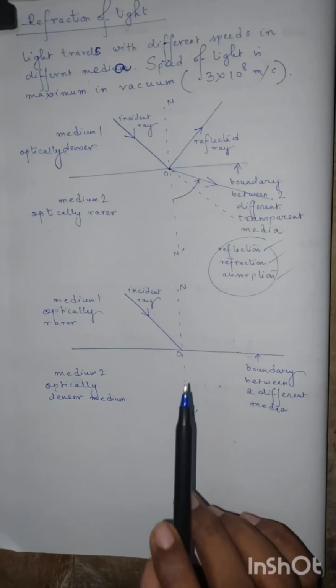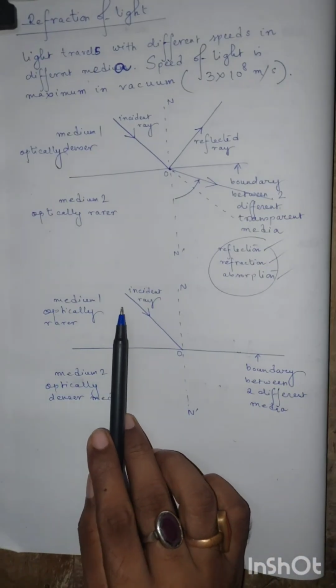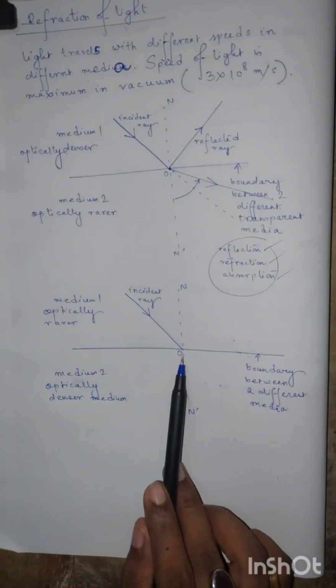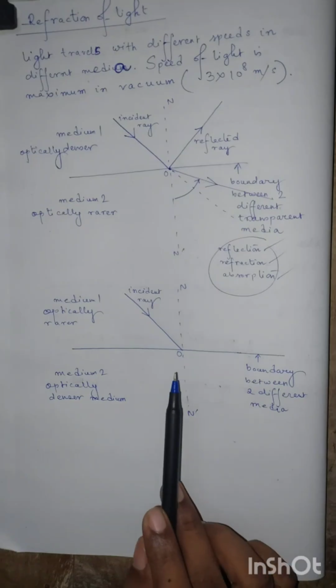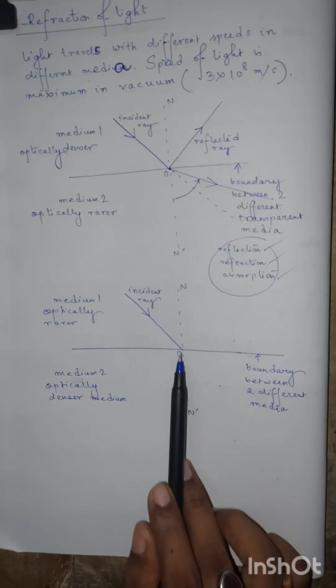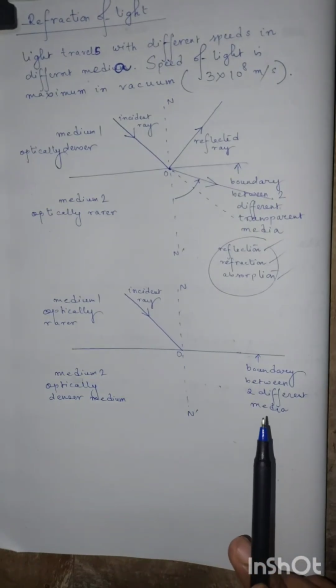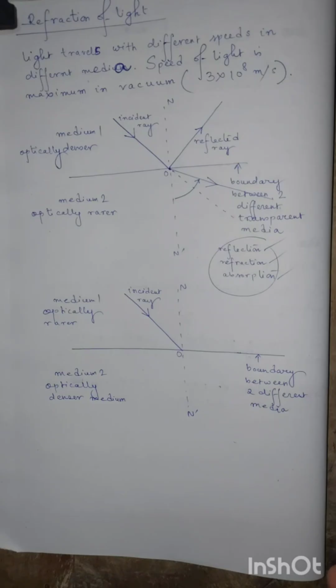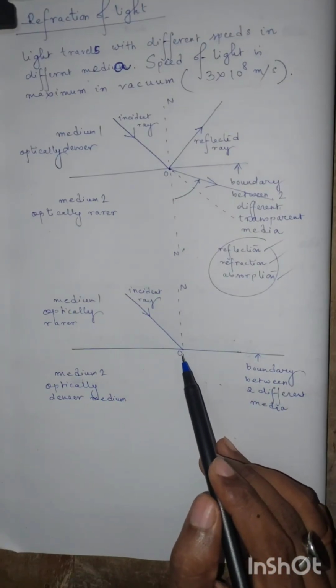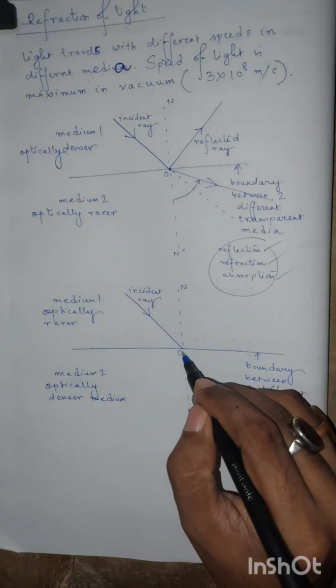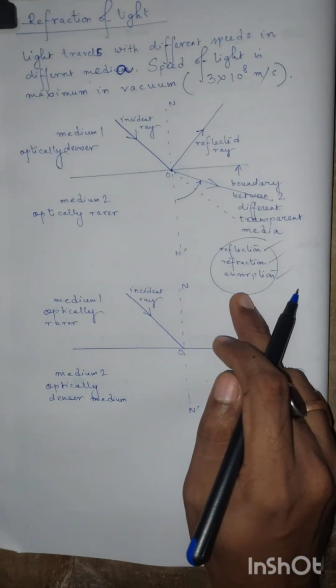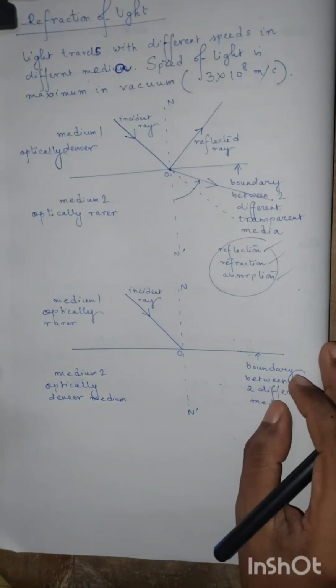So we can say, when the incoming ray strikes the boundary between two different media obliquely, a part of it is reflected back into the first medium.